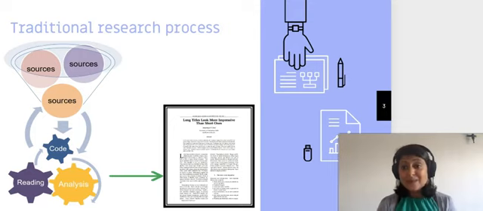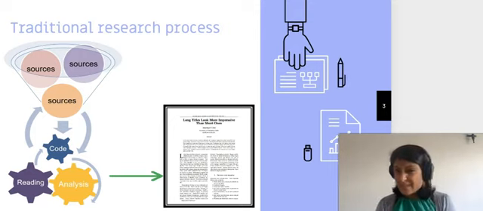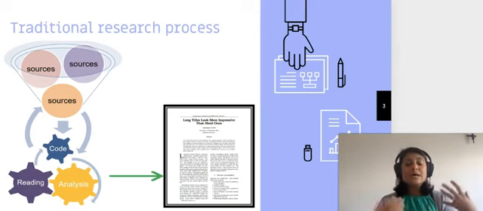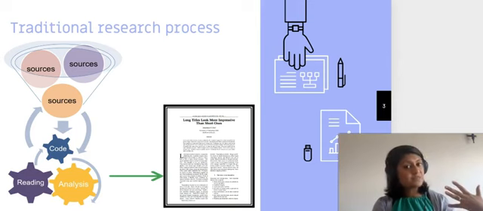Now, in speaking about JOHD, you might be asking the question, what is a data paper and what is a database journal? So traditionally, when you run an experiment or you conduct a study, you publish based on your results. So you publish one paper based on the results of your study.